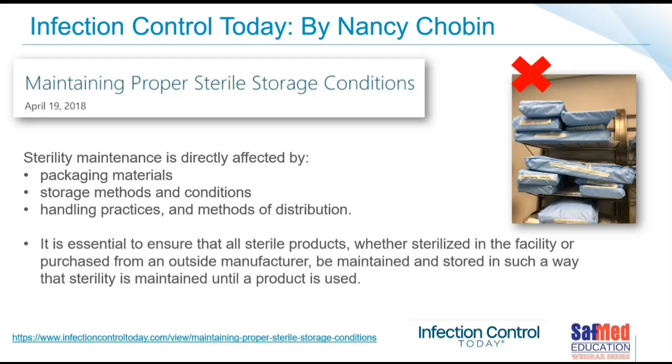That is very true, and in the next webinar we will cover that section as well, how the number of layers that you choose to use for your packaging and the type of packaging material you use, what effect that has potentially on your shelf life of your packs. So, sterility maintenance affected by packaging materials, storage methods and conditions, handling practices, and methods of distribution. I'm quoting directly from this article.